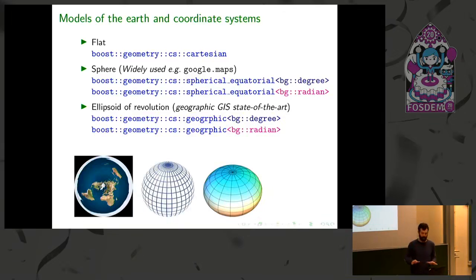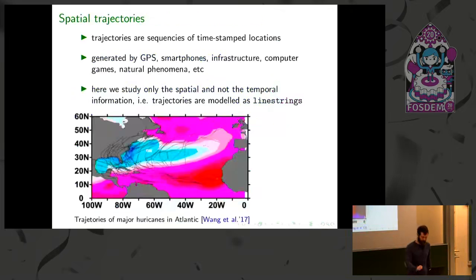I'm trying to have simple examples; you'll give me feedback on this if they are not. But you can use all of them, and especially with geographic, you can use more detailed strategies. You can change the geographic algorithm that you use, and you can have various different results and also performances.